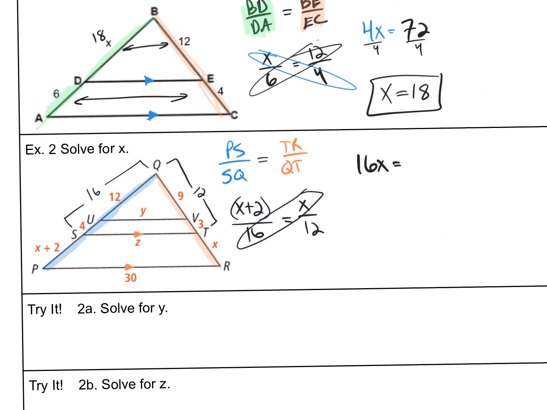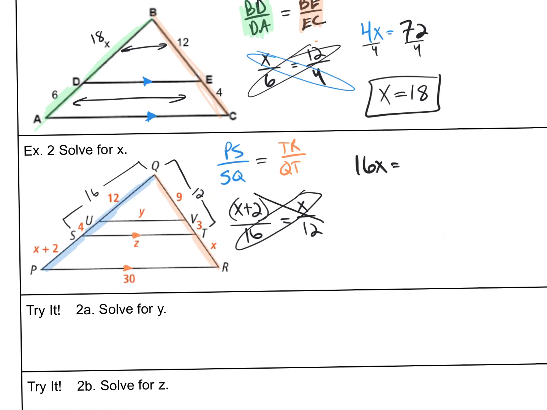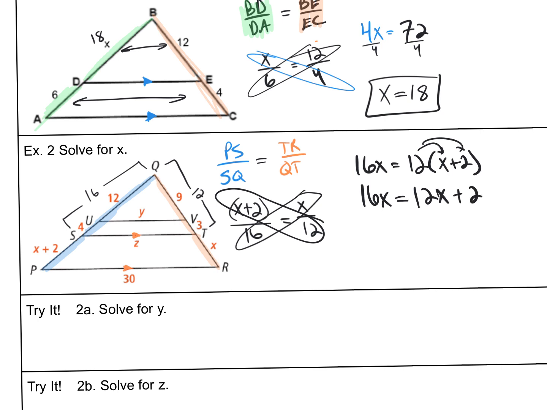Really across this other diagonal, when we take the 12 times the X plus 2, you can imagine that the 12 would be out front times the expression X plus 2. That is a nice reminder that you need to distribute the 12 and multiply it times each of those values in parentheses. So 12 times X is just going to give you 12X. 12 times 2 ends up being 24. The final step is just to go solve.